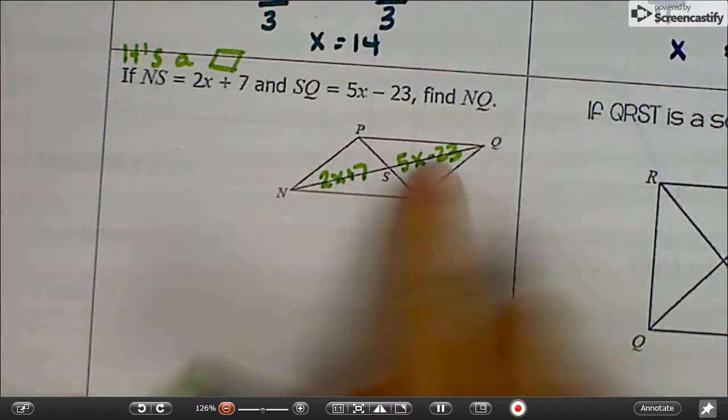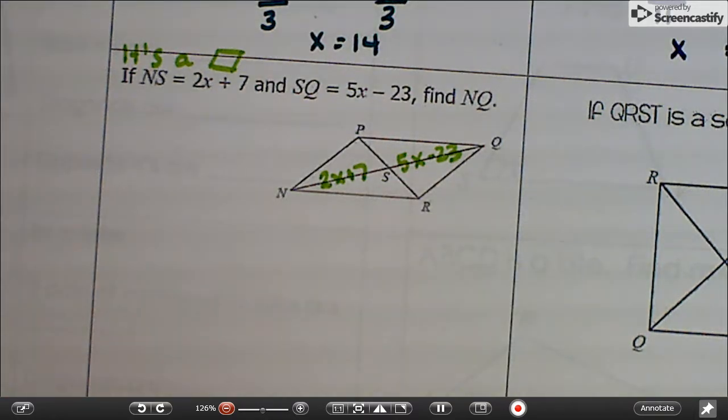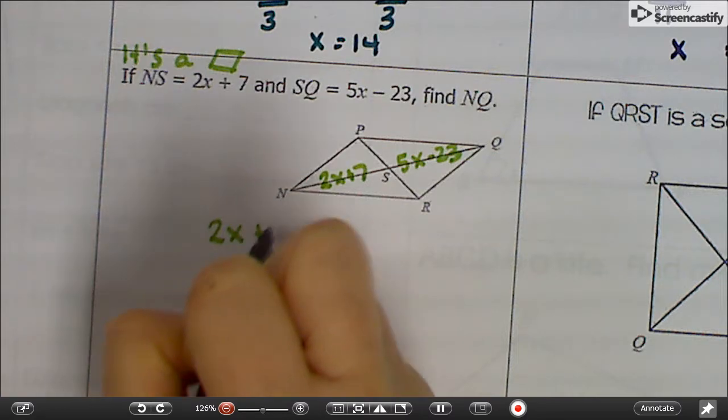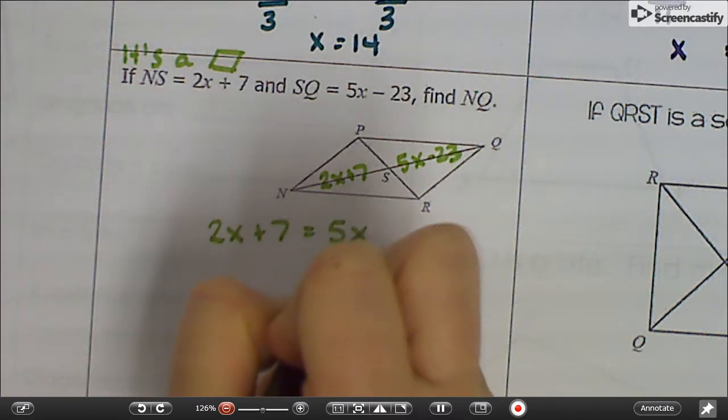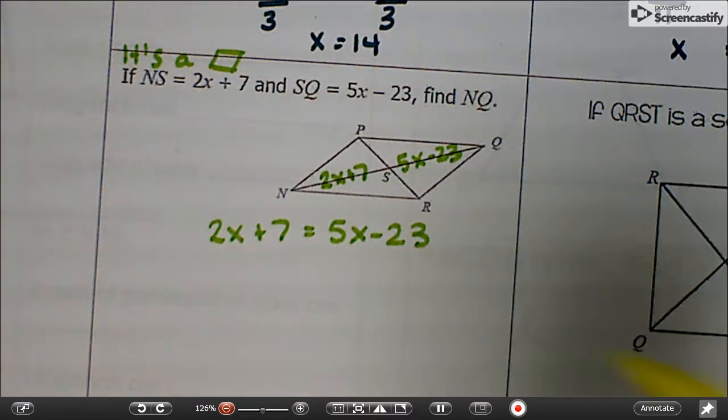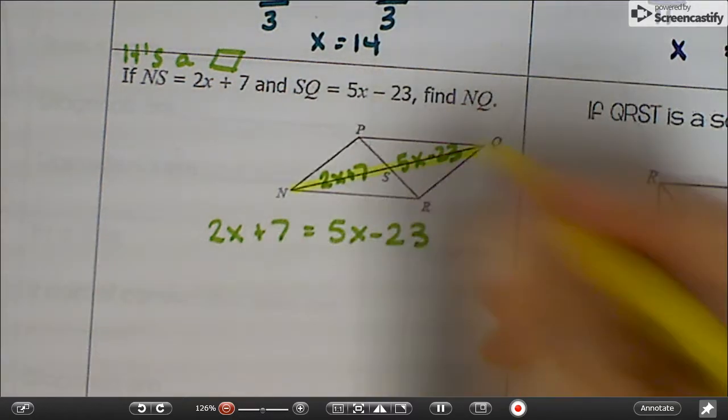Those are parts of the diagonal, so you should be thinking, what do I know about diagonals in parallelograms? And the only thing you know is that they bisect each other. Bisect means cut in half, so those two pieces have to be equal. Oh wait, I didn't even highlight what we were looking for. We're looking for the length of the whole thing.